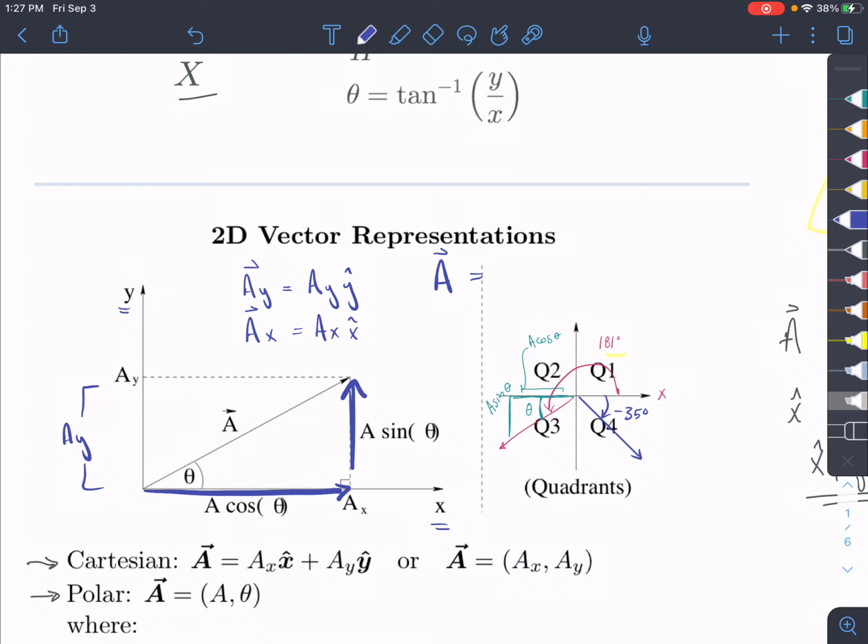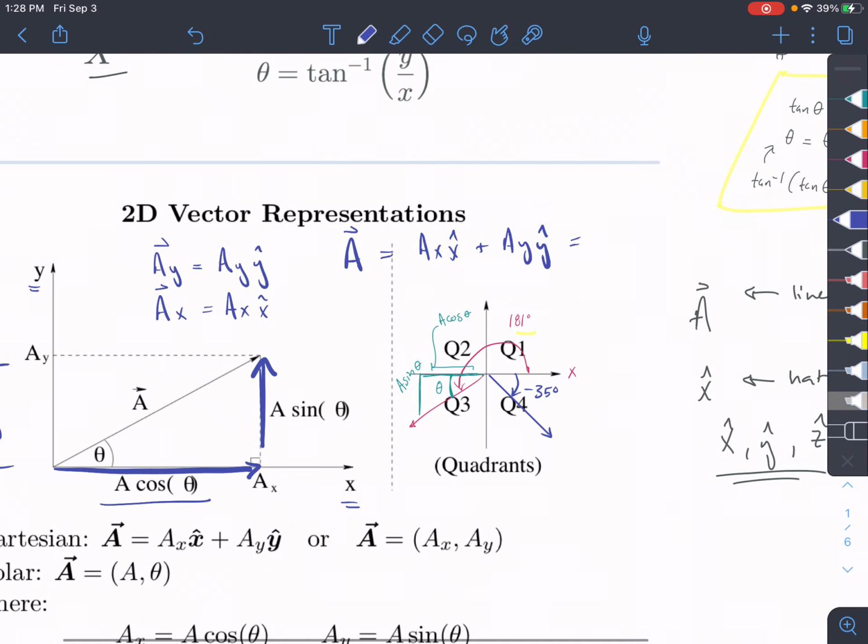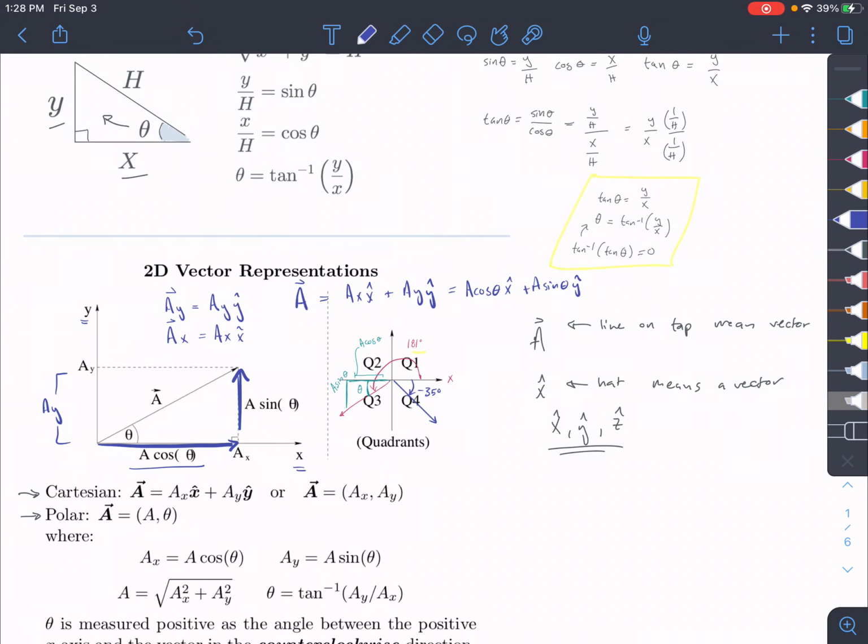So I would end up with A_x x hat plus A_y y hat is equal to, and if we look at our sides here, just using trig, that's how we find our side lengths. So we have a cosine of theta in the x hat plus a sine of theta in the y hat. That's how we break up our directions.